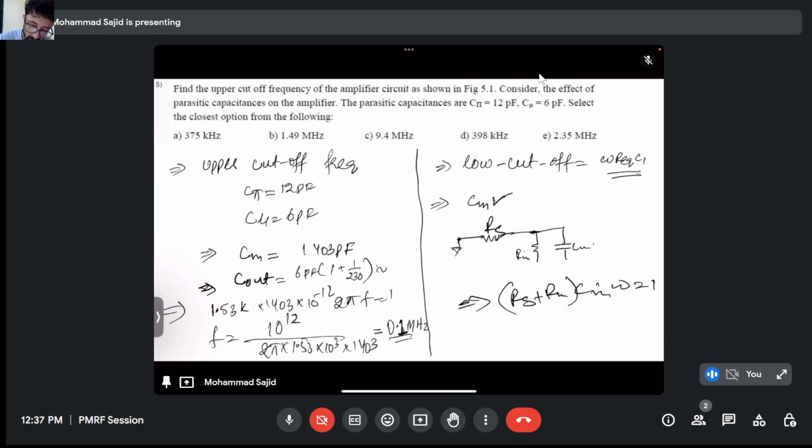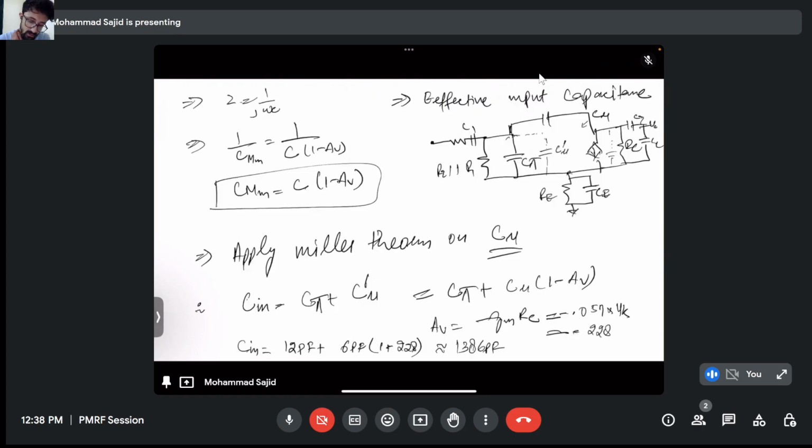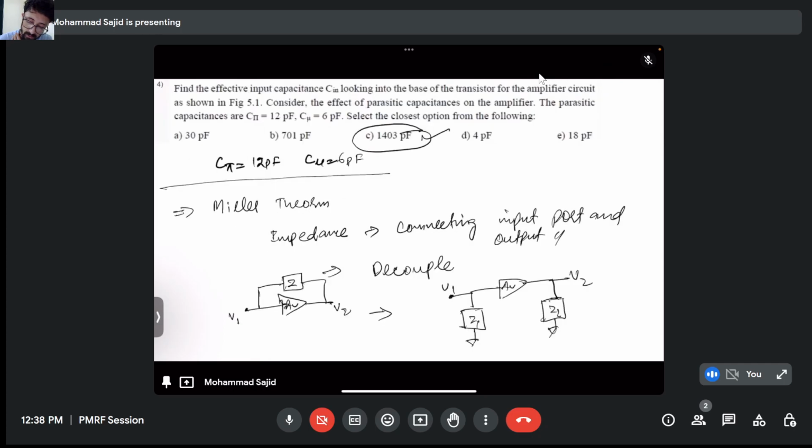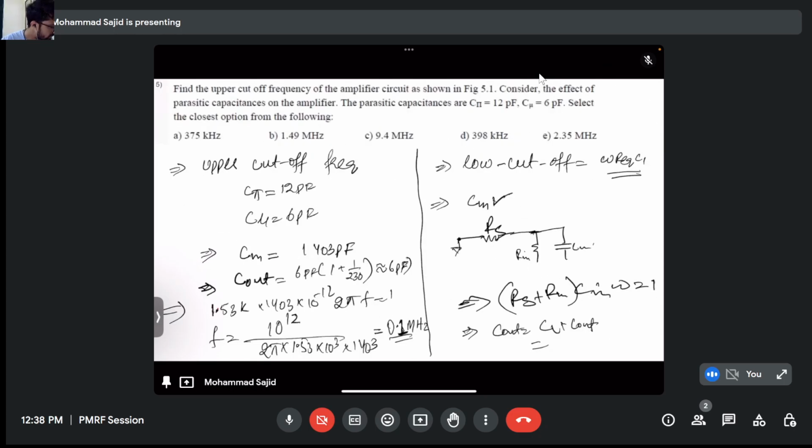So this is nearly equal to 6 picofarad. So this will be in parallel to your output capacitance, that is CL. So C output total is equal to CL plus C out. CL is 100 picofarad, so this will be a total of, say, 106 picofarad.